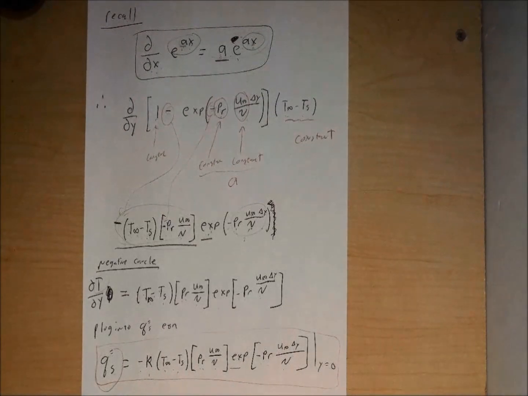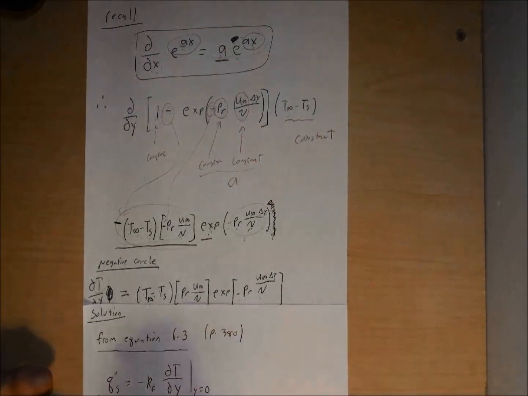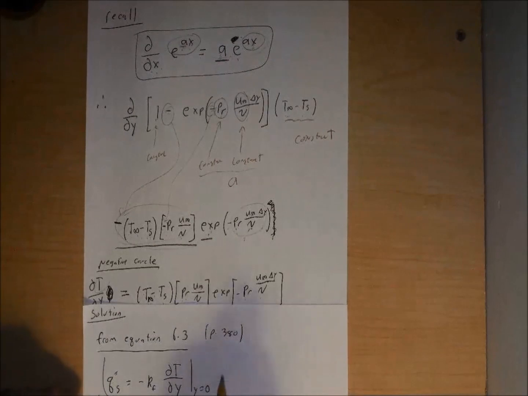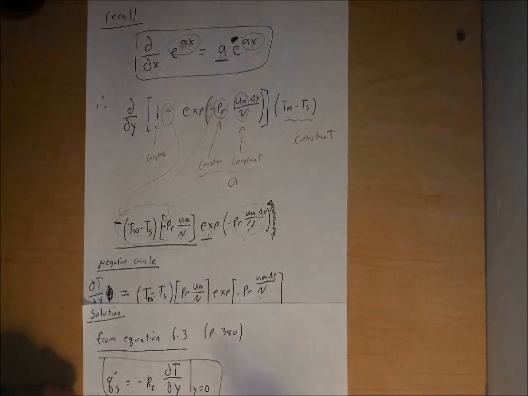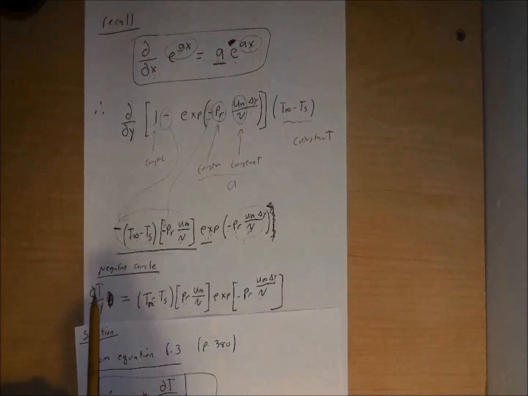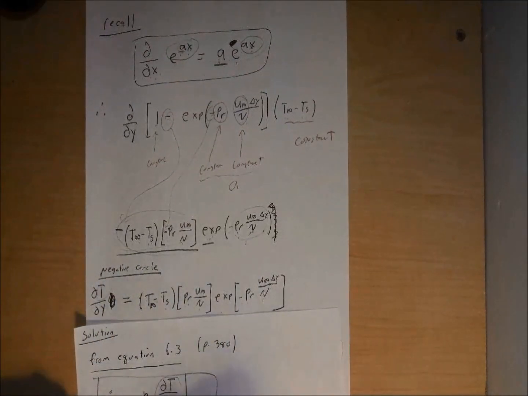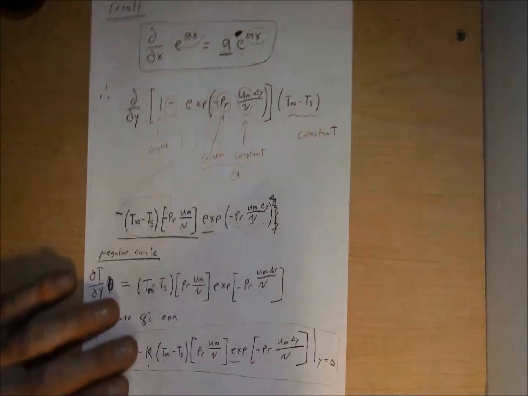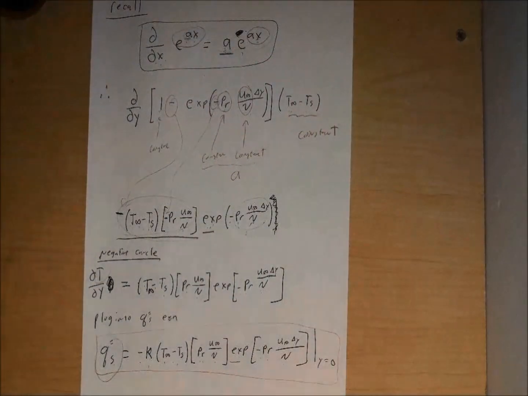If we recall, this comes from equation 6.3 on page 380 of our text, where we defined this as our heat flux for a surface. So this is our dT dy, and that's why we're plugging it back into this equation, and we end up with what we see here for our heat flux.